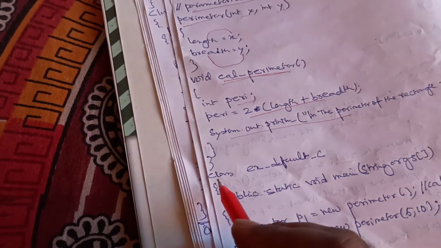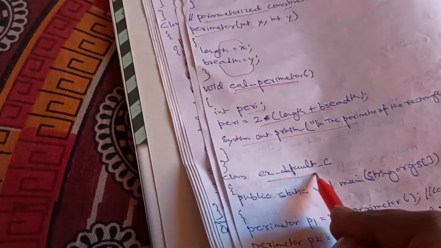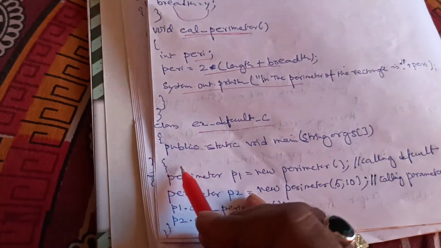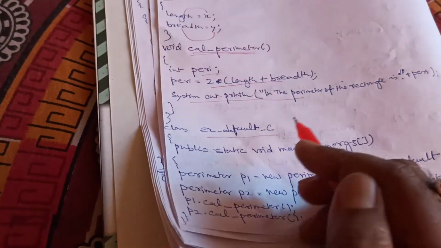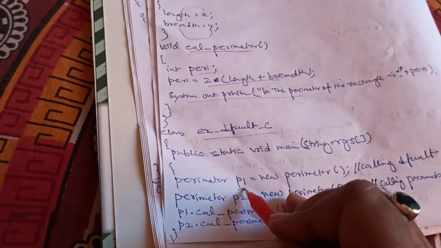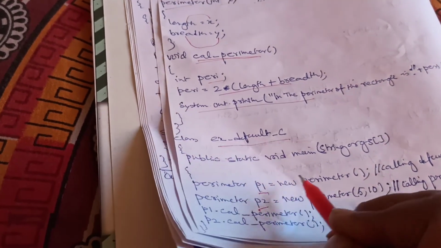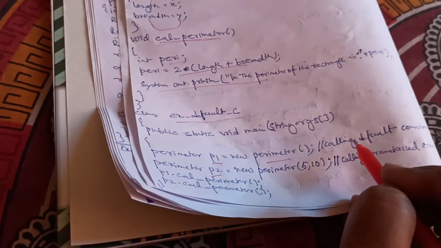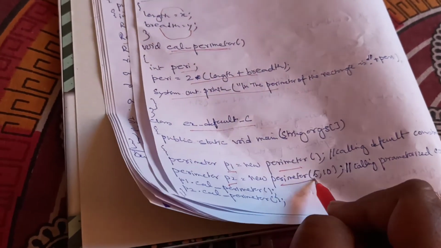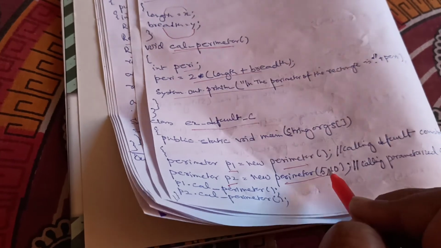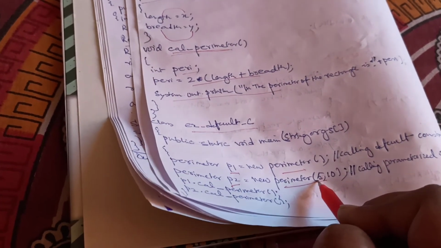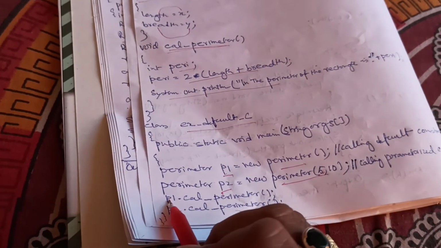And for the main method we have defined another class. Here we have created two objects, P1 and P2. For P1 we have used the default constructor, and for P2 we have used the parameterized constructor, passing the values 5 and 10.